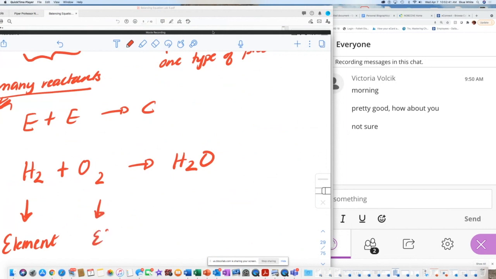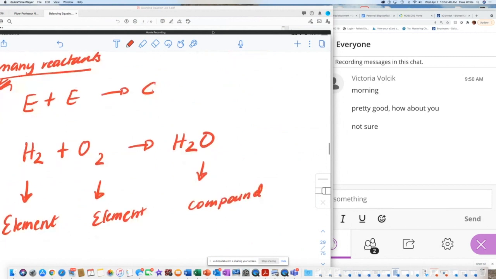This is also an element. And this right here is a compound. What makes this a compound? You have two or more elements combined, right? You see we have hydrogen and then we have oxygen in the formula.